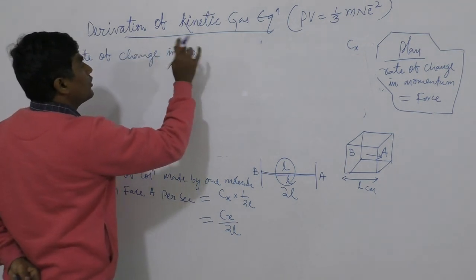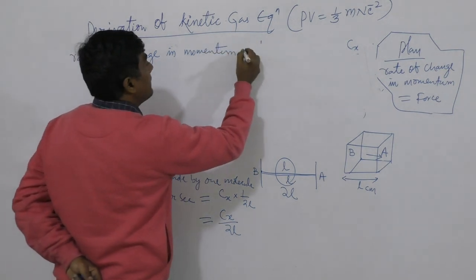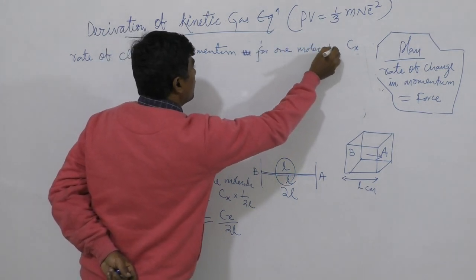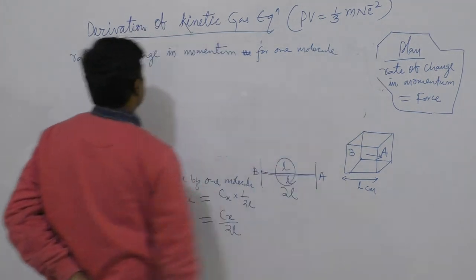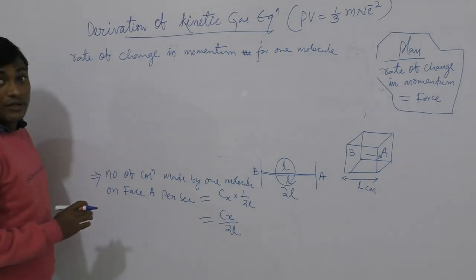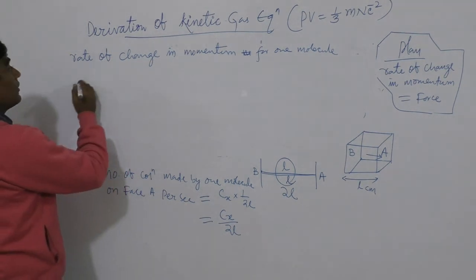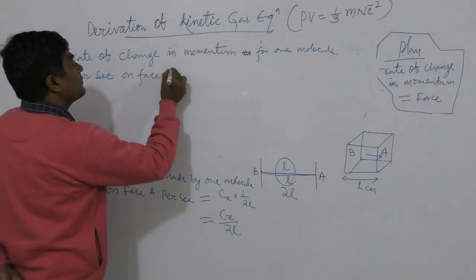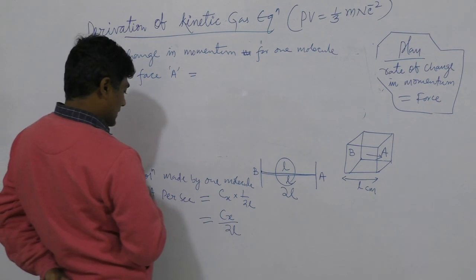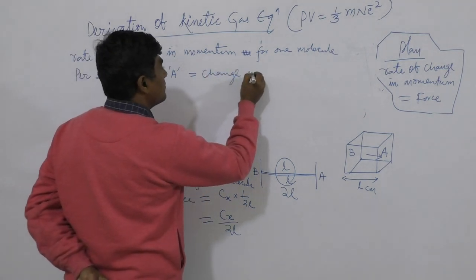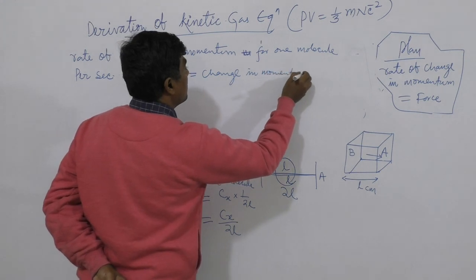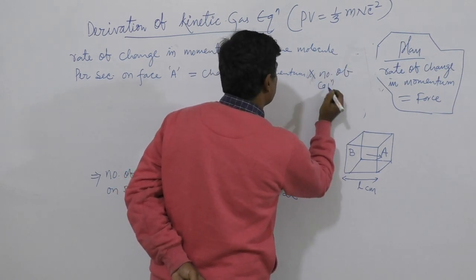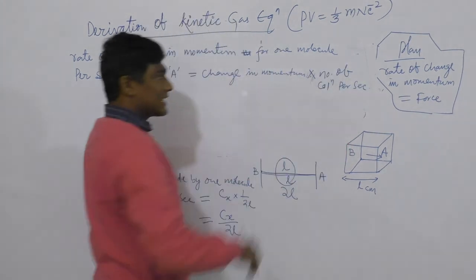Now we can write the rate of change in momentum for one molecule per second on face A is equal to the change in momentum into the number of collisions per second.